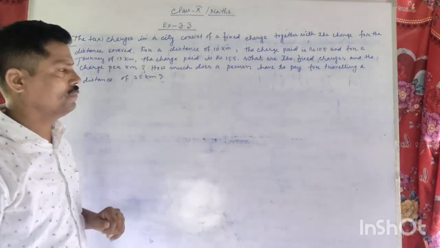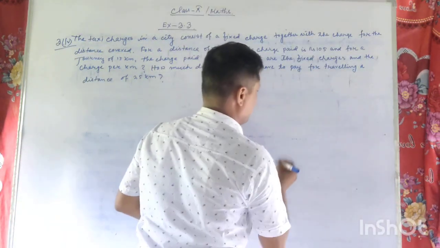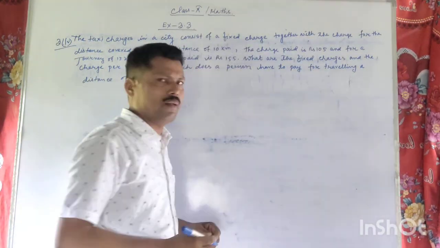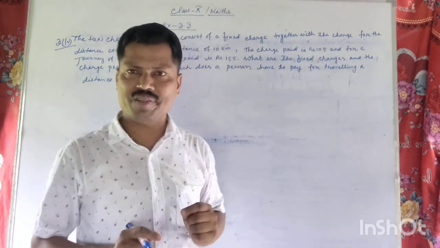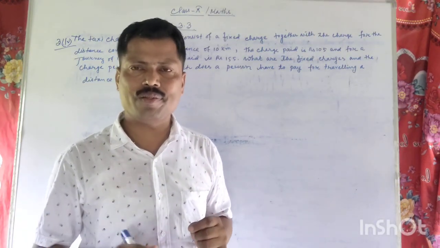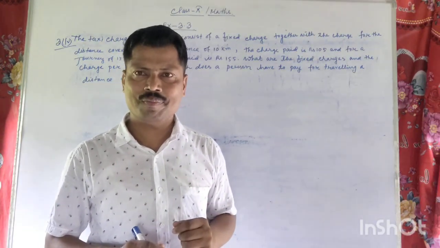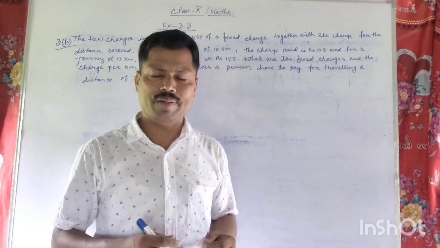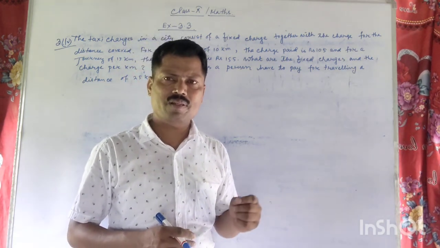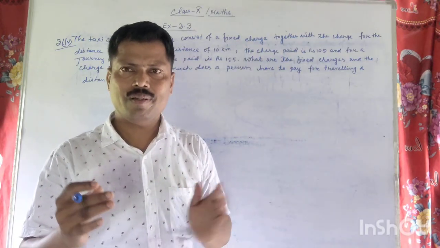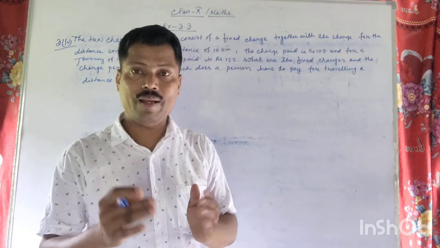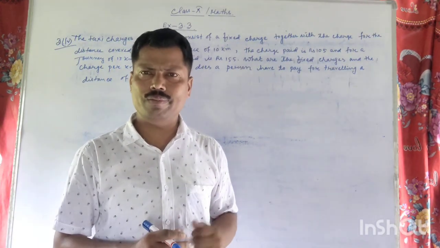These lines mean in city area taxi fare. In taxi fare there is one fixed charge and another charge per kilometer. That means for 1 kilometer charges. So fixed charge along with per kilometer charges we have to add together, and after that we have to pay the fare of taxi.